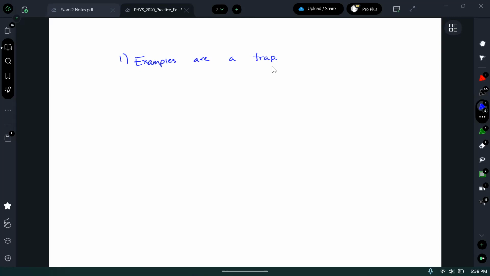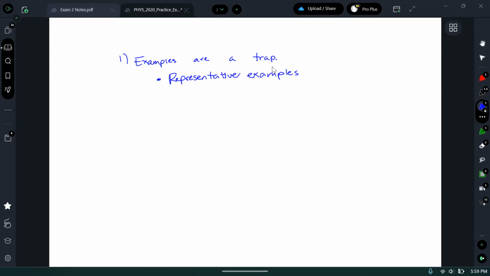So what might be better is if you at least change perspective on what an example is supposed to do for you. It's not supposed to tell you how to solve a specific problem. It's telling you how to solve a certain class of problems.